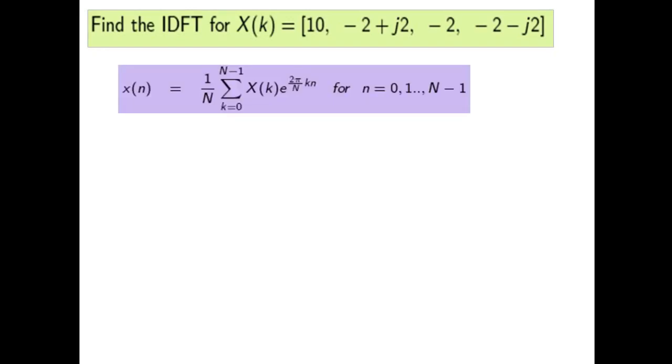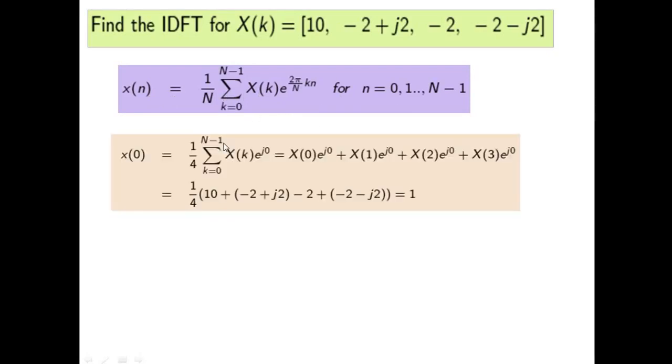The formula for finding IDFT is x of n, where n and k vary from 0 to N minus 1. Here N is 4, so n varies from 0 to 3, and k also varies from 0 to 3.